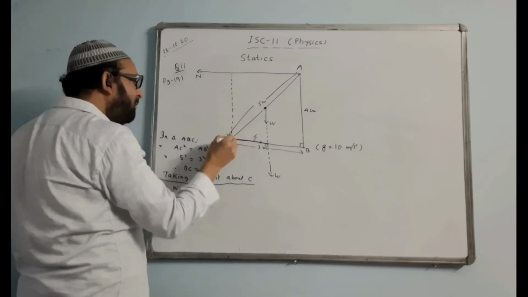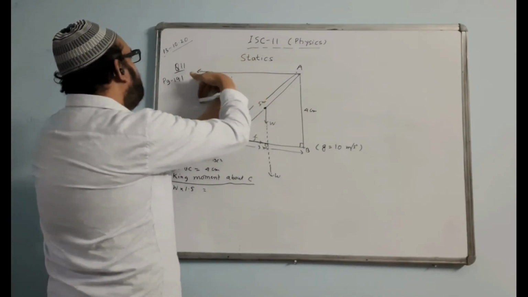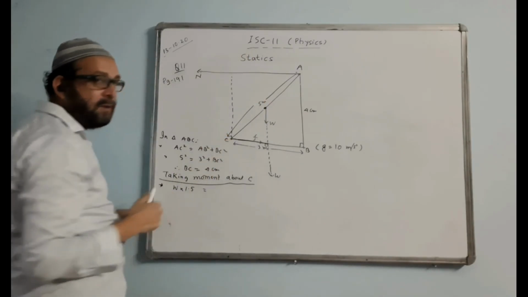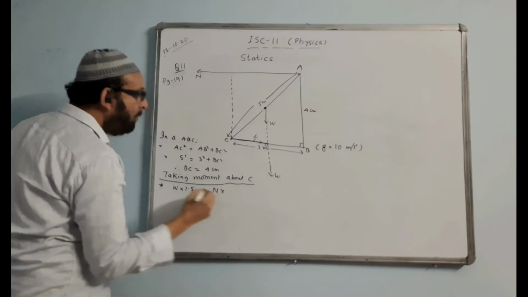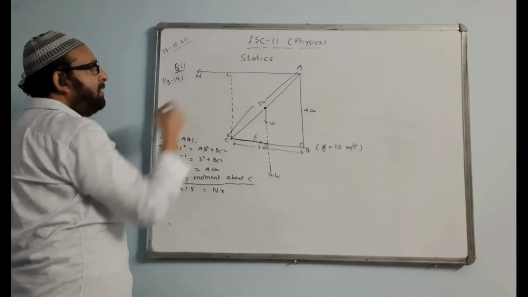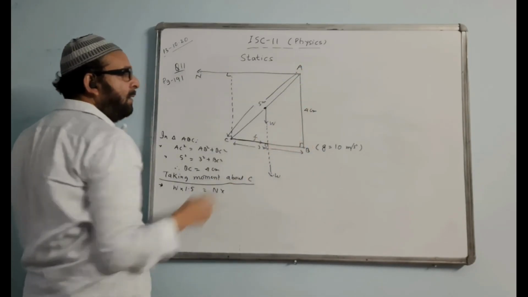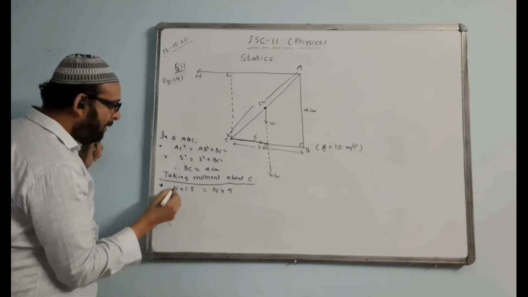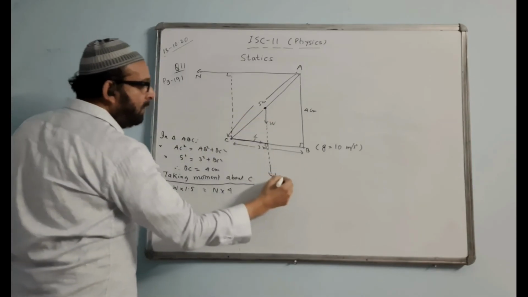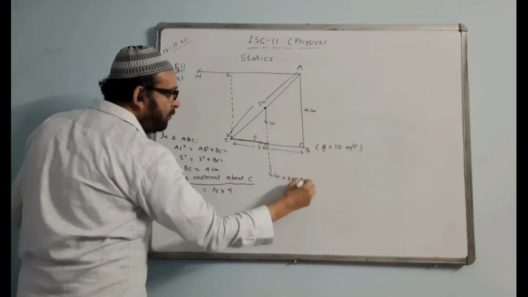Equal to, this will give anti-clockwise moment about this point. Here the normal reaction N pushes this way, so this gives anti-clockwise moment. So we get N into the perpendicular distance, which will be the same as the distance AB. The distance AB is how much? 4, right? The value of W is 22 kg, so I will change it into Newton, 220 Newton.